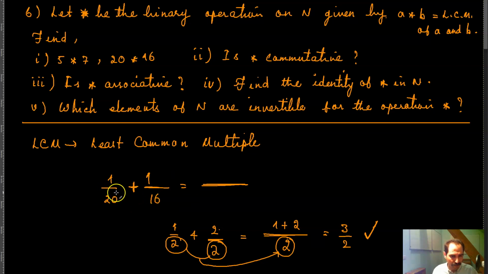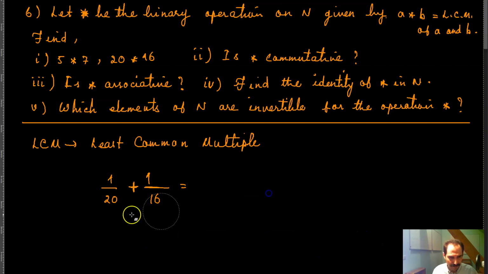So I need to find a way to make these denominators the same. For example, I can take 1/20 and divide both the numerator and denominator by 5. My goal is to get the denominator to 4 and then multiply it by 4, because 4 times 4 is equal to 16.